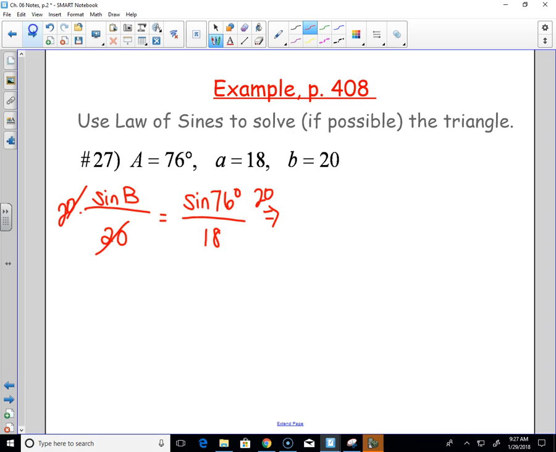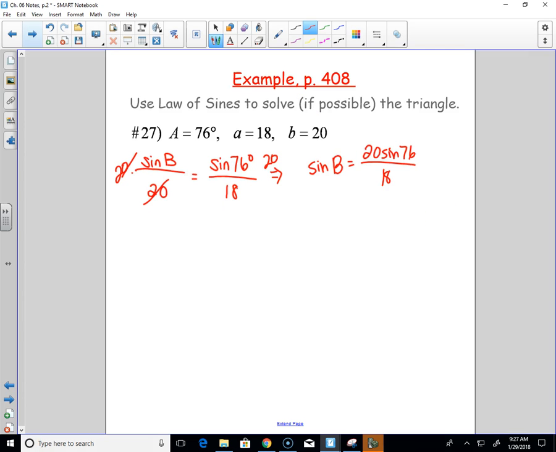But when we solve, we're not going to have B alone. We're going to have sine of B, which should, hopefully, remind us that we need to use sine inverse, right? Yes. And when we use sine inverse, there's something special about him. That's right, sine inverse only looks for little acute angles. So we're going to take sine inverse of both sides in order to find B.